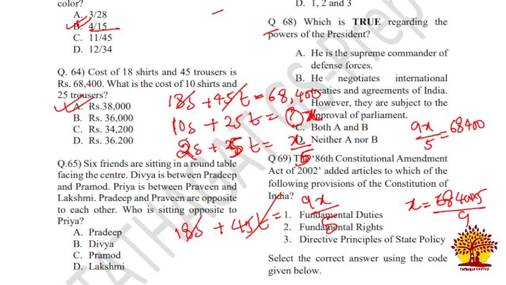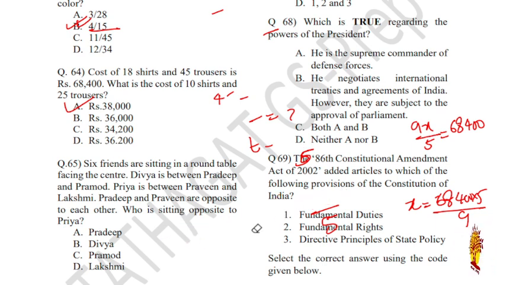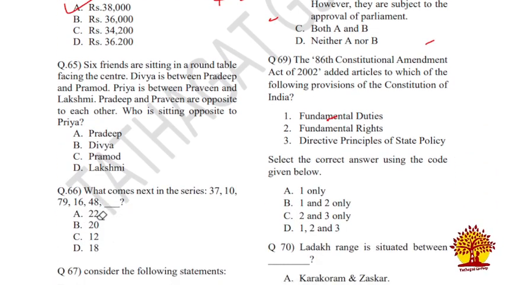6 friends are sitting in a circle, sitting at a round table facing the center. Divya is between Pradeep and Pramod. Second arrangement: Priya is between Praveen and Lakshmi.